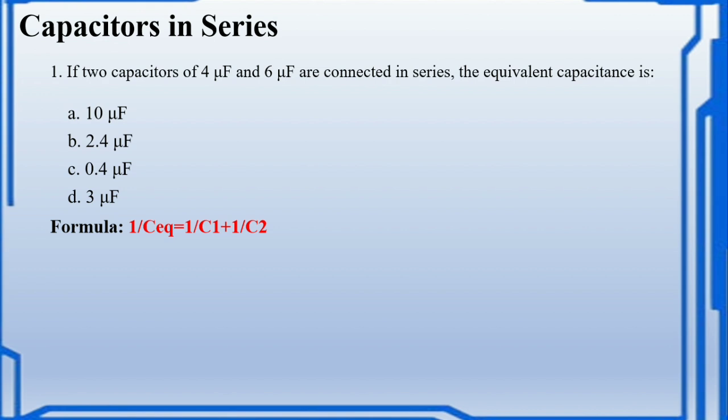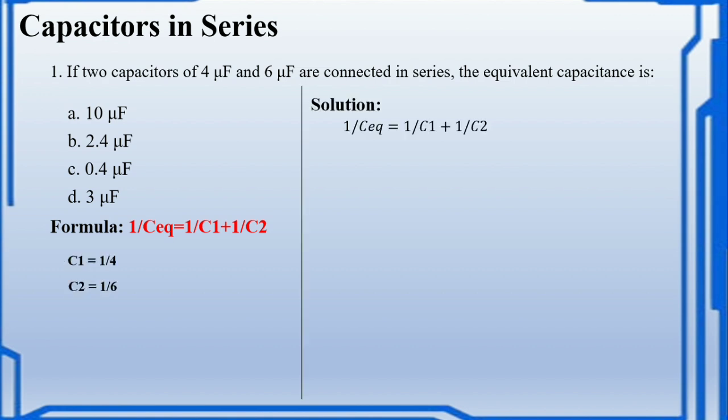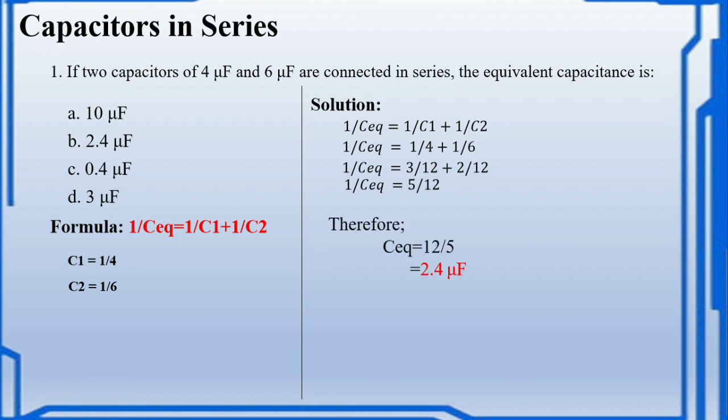For capacitors of 4 microfarads and 6 microfarads, 1 over CEQ equals 1 over 4 plus 1 over 6 equals 3 over 12 plus 2 over 12 equals 5 over 12. Therefore, CEQ equals 12 over 5 equals 2.4 microfarads. So, the correct answer is B, 2.4 microfarads.